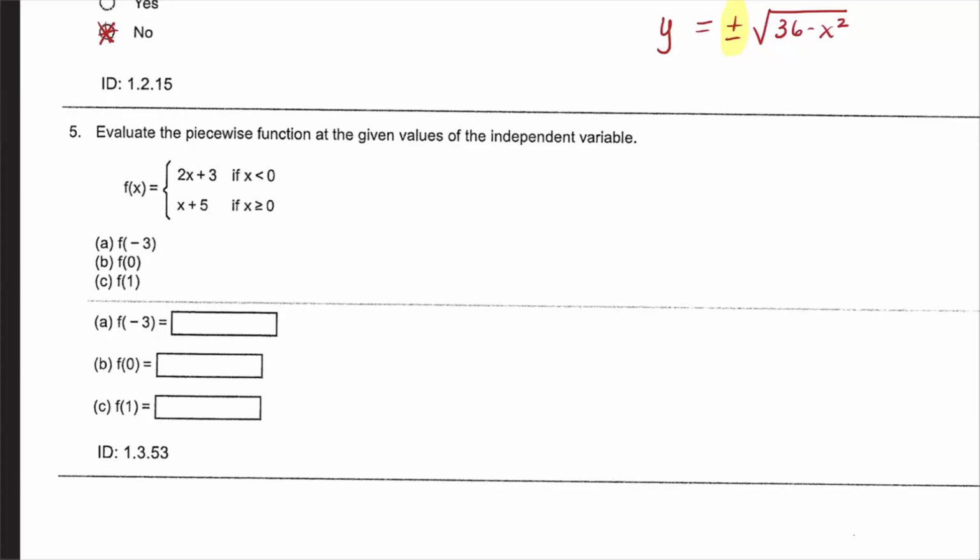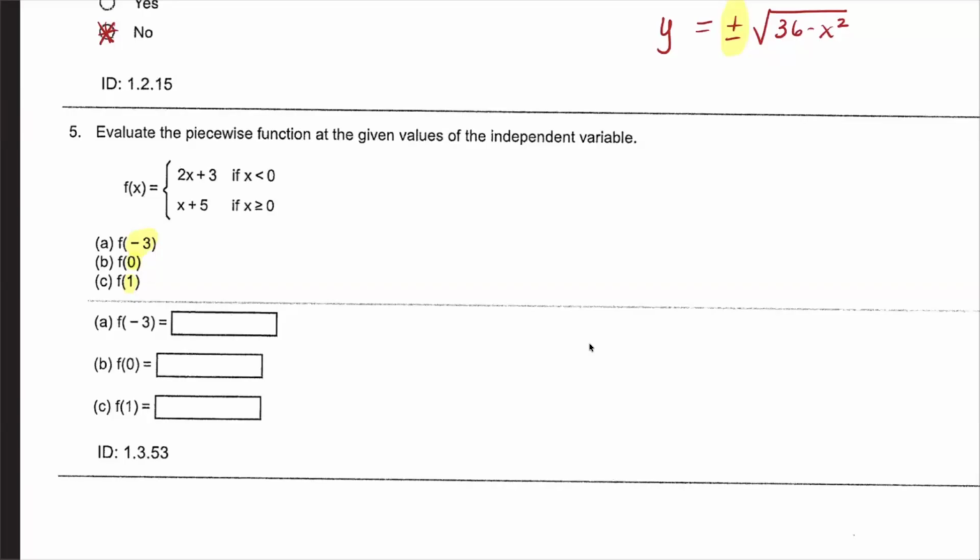So looking at our values of x, we're going to plug in -3, and then 0, and then 1. For -3, we have to determine where -3 is as it relates to 0, because if x is less than 0, we use the first equation. And indeed, -3 is less than 0.